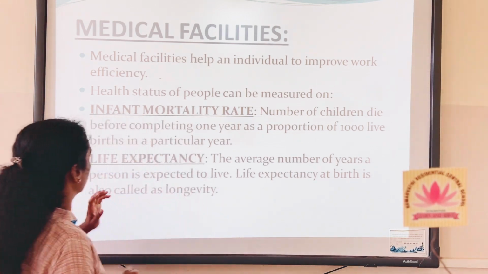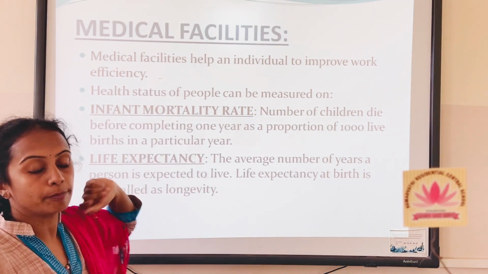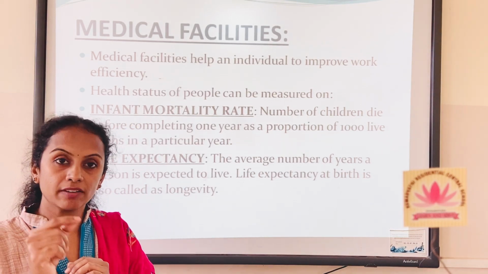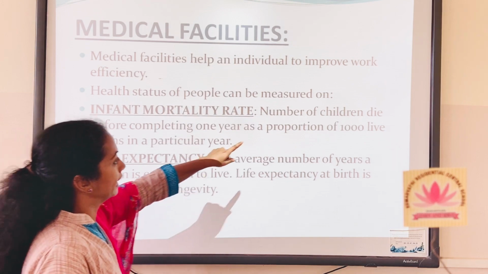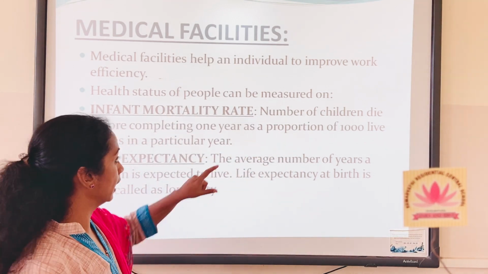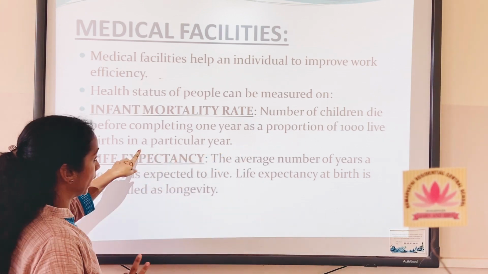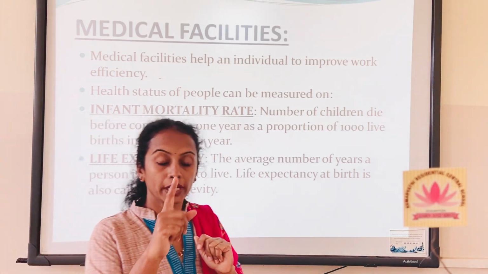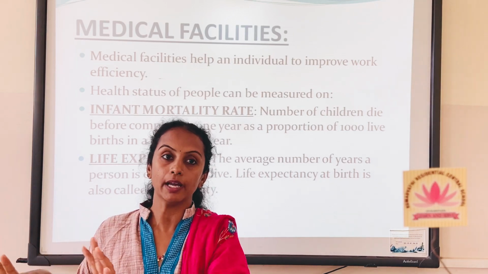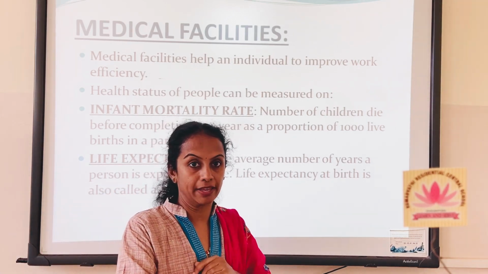Okay. So here, how will you measure the health status? One is the infant mortality rate. What is the infant mortality rate? It is the number of children who die before completing 1 year, as a proportion of 1000 live births in a particular year. Imagine in 1 year there are 1000 children born and alive at birth.